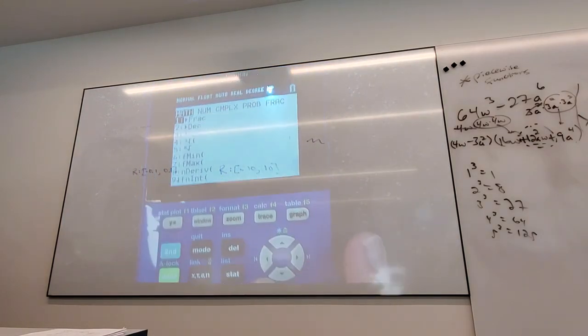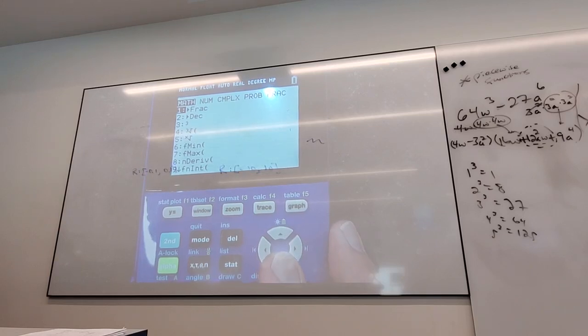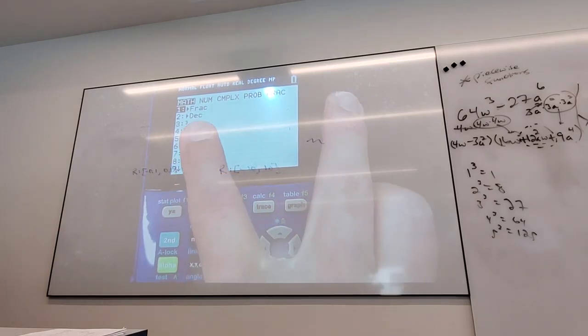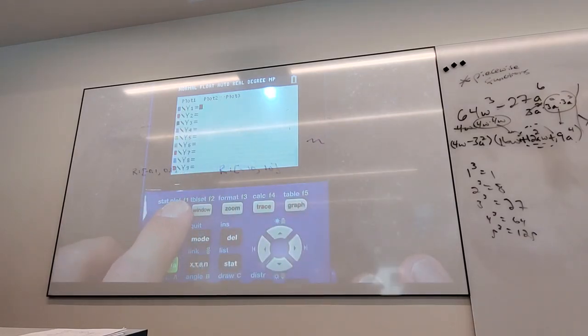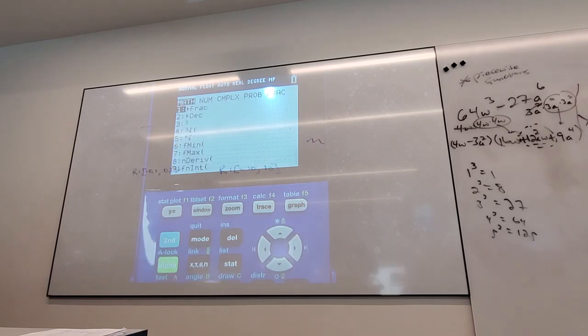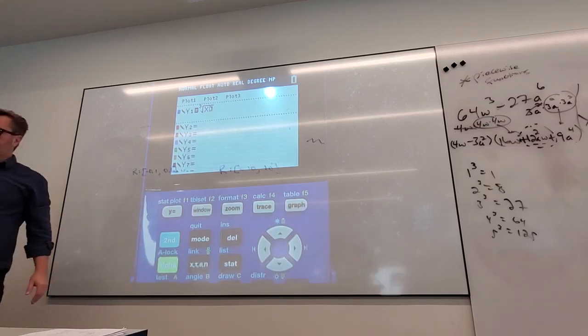look what I see. What's really useful for me right now, considering the cube root, right? Okay, so if you go to y equals, and you hit math, cube root of x. So that's how you put the function in very quickly. Right?